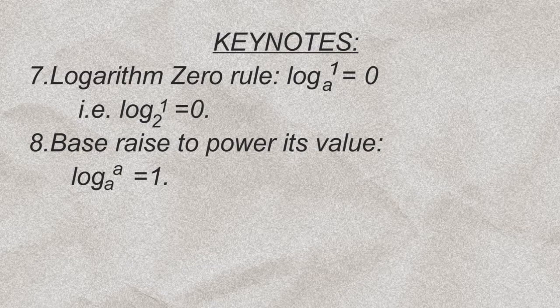Finally, we'll look at the final rule, base raised to its own value. Log of a base a is equal to 1. That same thing goes with a log of 10 base 10, which will be equal to 1.